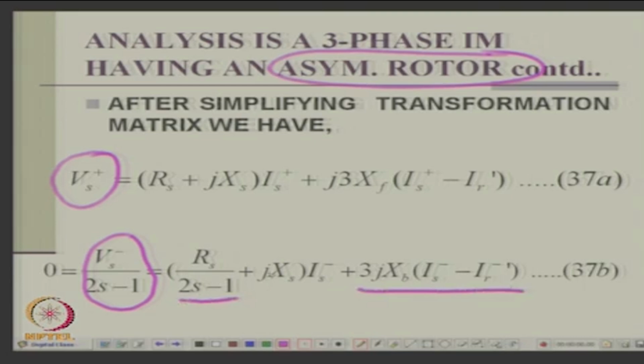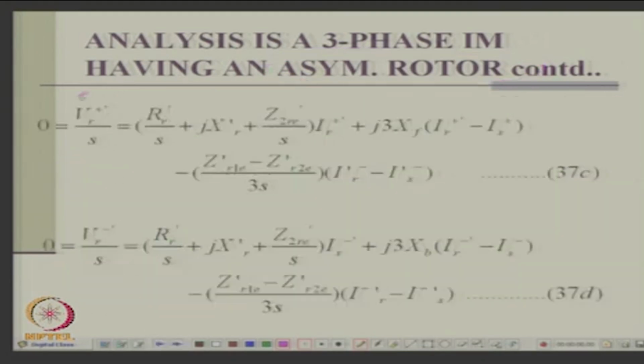You have two equations in the stator, and you also have two equations in the rotor, both at slip frequency; the rotor frequency is only one. But the rotor will have both positive and negative sequence currents, because the rotor is asymmetric, and its voltage equations are written like this.